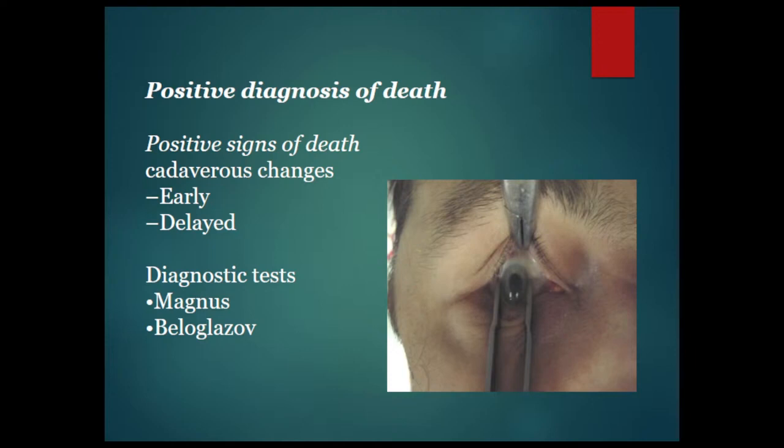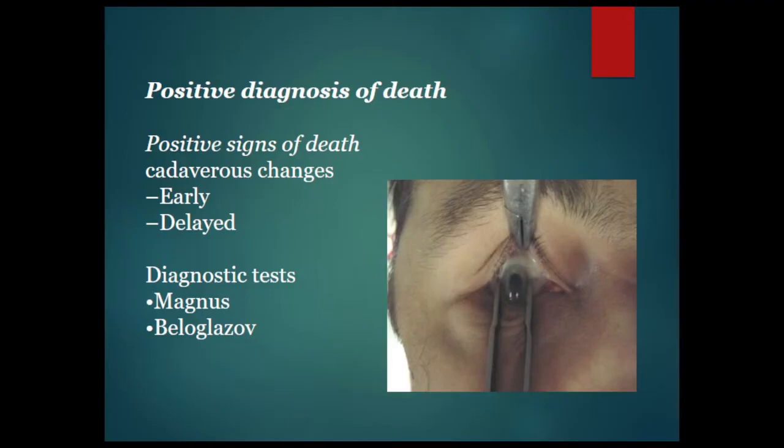Here we put a ligature on the base of any finger, occluding the veins with this ligature, but the arteries are still supplying blood in a live human. So we see the finger becomes swollen and congested. In a dead body with no blood circulation, we will not see this venous congestion.